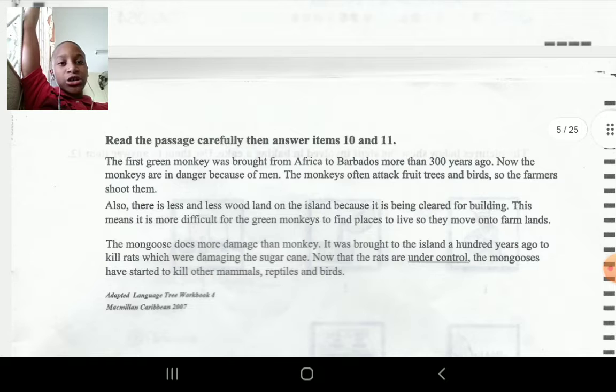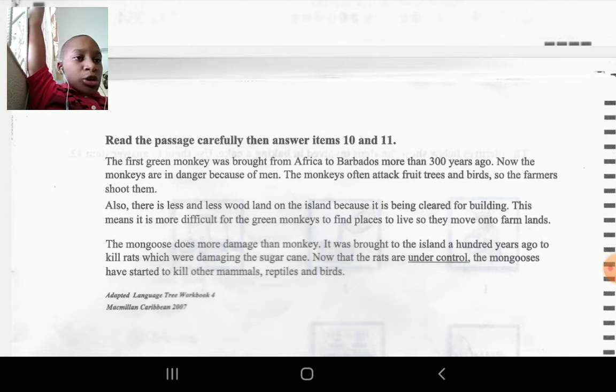Okay, let me read the passage. Read the passage carefully, then answer items 10 and 11. The first green monkey was brought from Africa to Barbados more than 300 years ago. Now the monkeys are in danger because of men. The monkeys often attack fruit trees and birds, so the farmers shoot them.